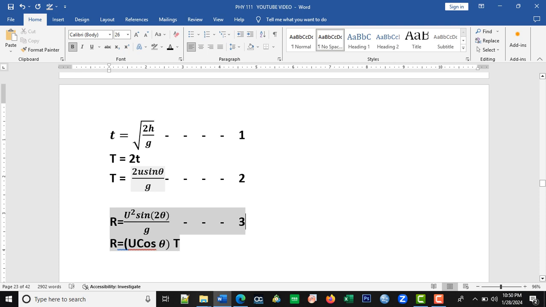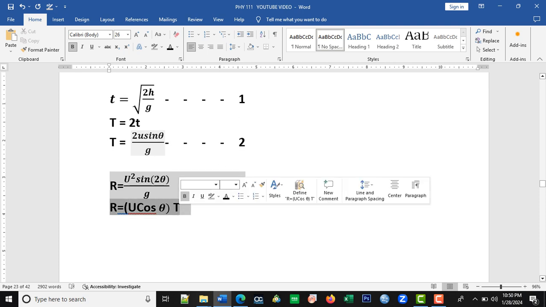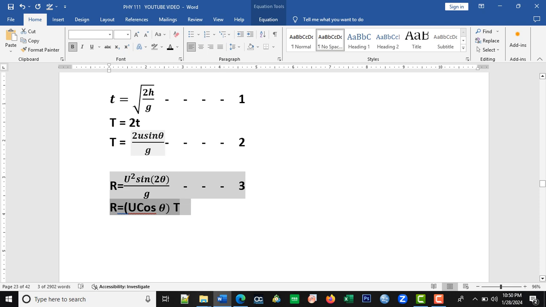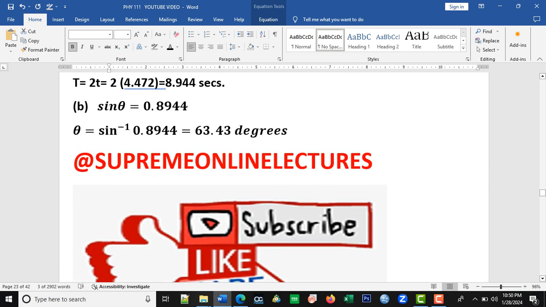If you apply this, it gives you the same answer. If I use U sine 2 theta all over G, which is 10, it will still give me the same answer. But since this one is shorter, let me take this. You can also try by yourself. You see that what I'm saying is true.